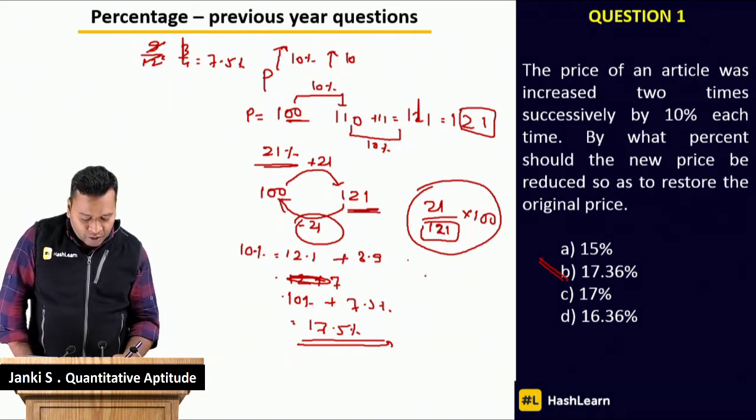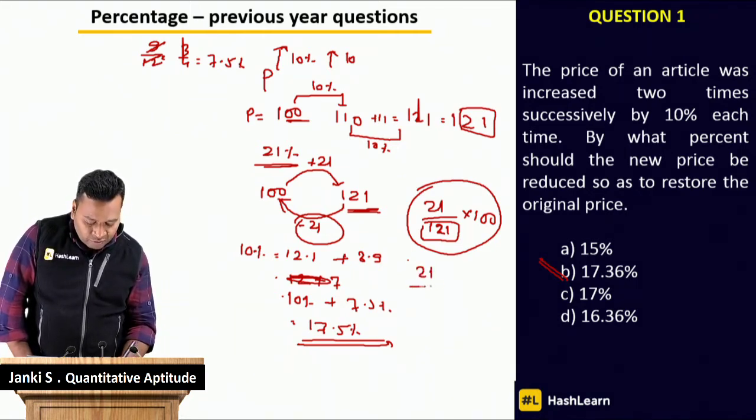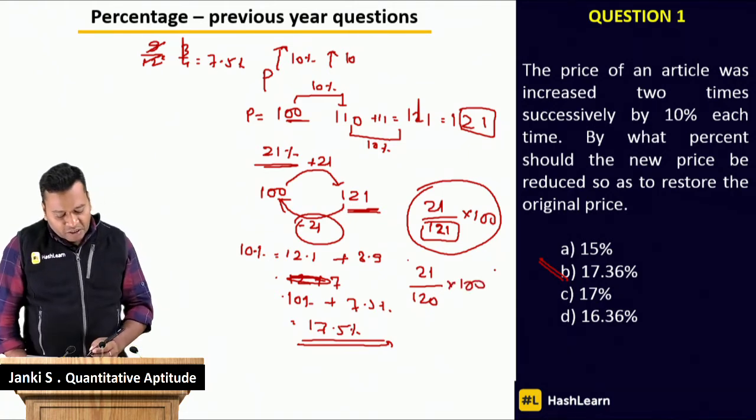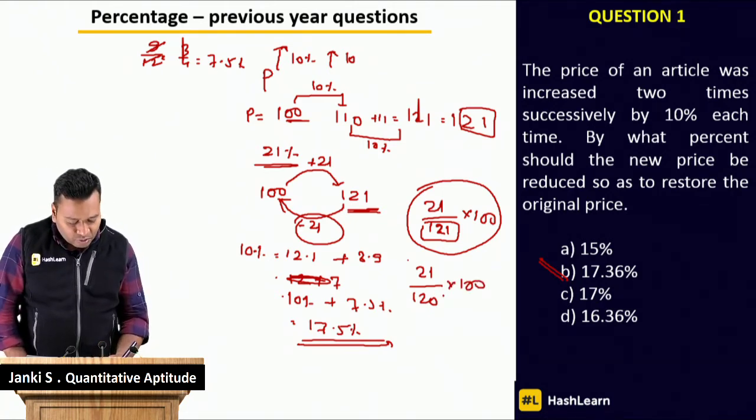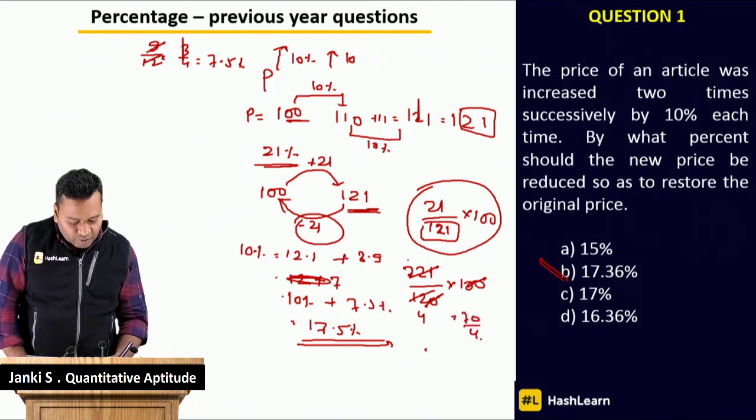So 21 by 121, instead of this I'll write 21 by 120 into 100. So approximately how much will it be? Let's calculate it approximately. This is nothing but 7 times 4 times, so 70 by 4. How much is 70 by 4?